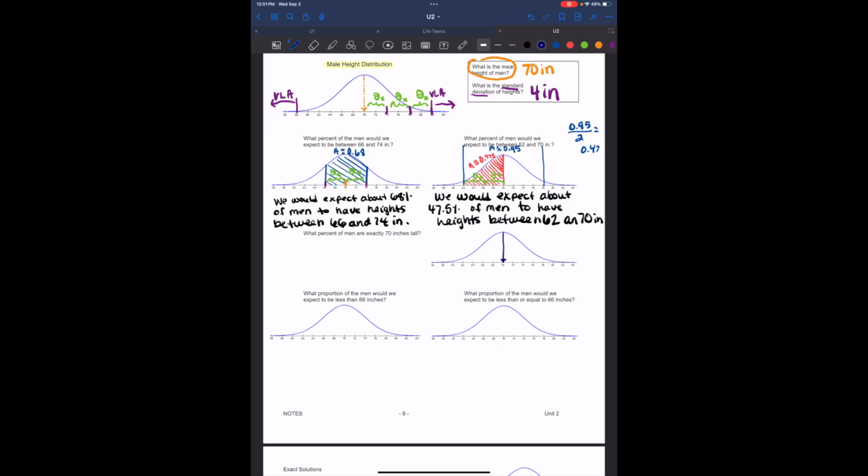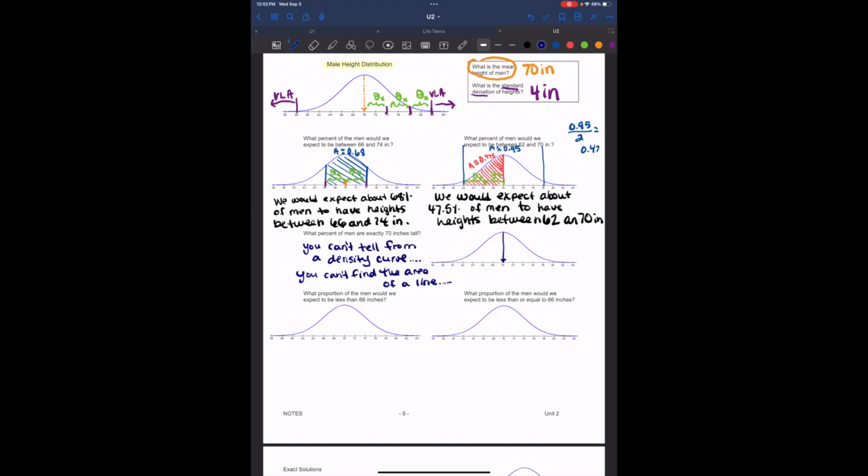So we would say you can't tell from a density curve. You can't find the area of a line. Remember, the area is proportional to the amount of data, and if I'm looking at a line in itself, well, I can't find the area of a line. So that doesn't quite work.